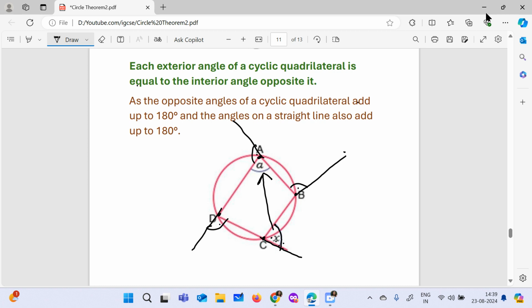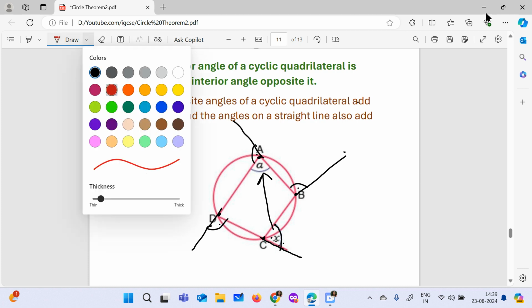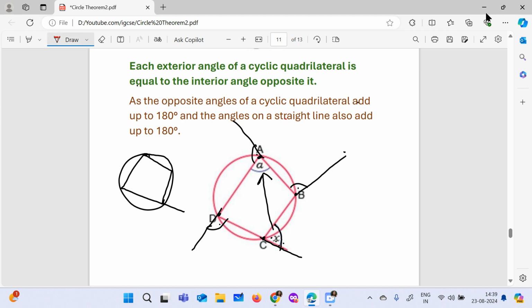Yes, miss. Okay. Now I'll show you. Let's see one example on this. Okay. Now you see here. Here I say that this is 100 degrees and this one is 80 degrees, right?